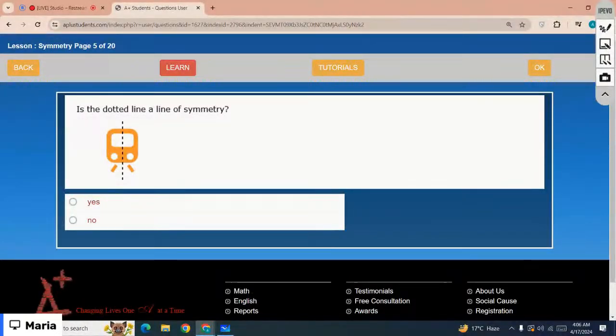Is the dotted line a line of symmetry? Yes, it is a line of symmetry, right? The correct option is yes, it is.